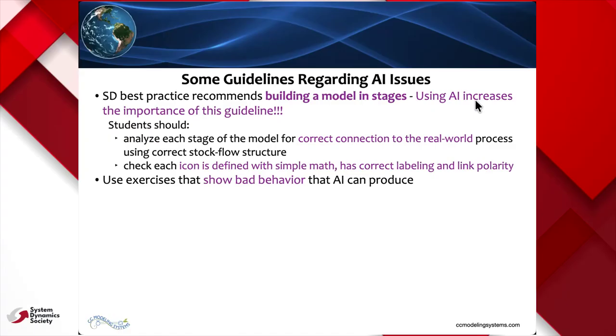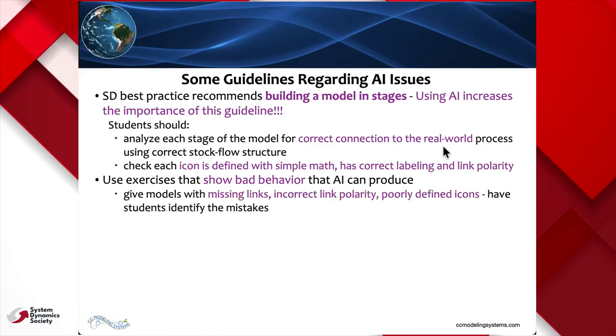And you can make some exercises that will help students start to be very critical of AI, which I think is important right from the beginning. Use exercises that show a diagram that has bad behavior in it, in other words, bad structure.